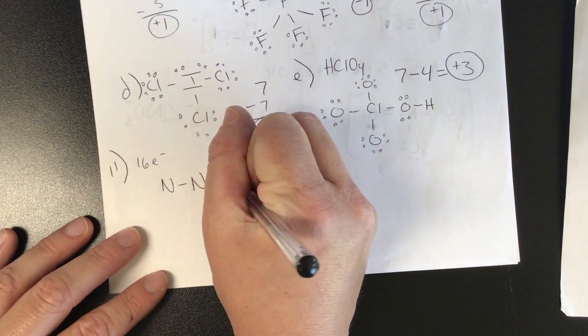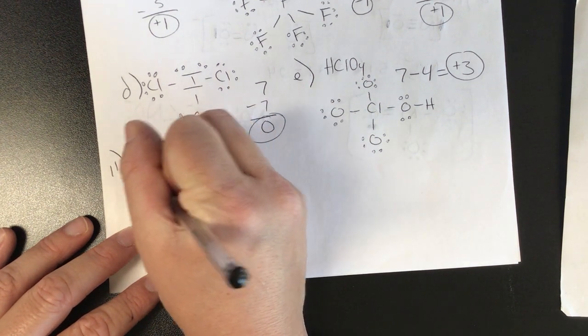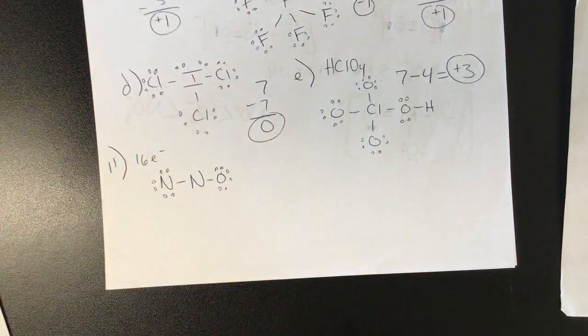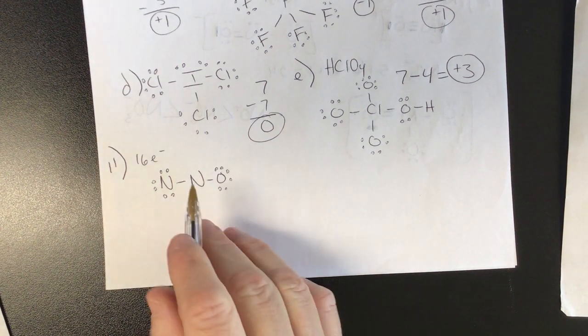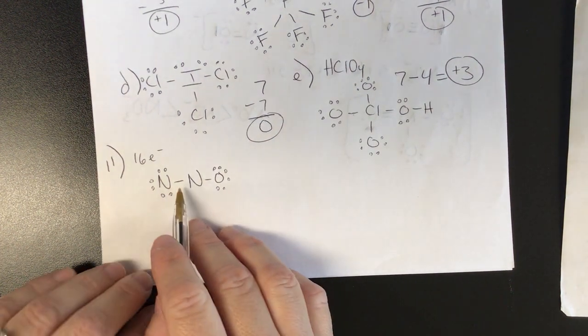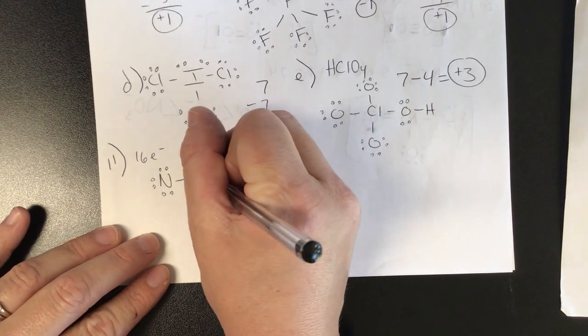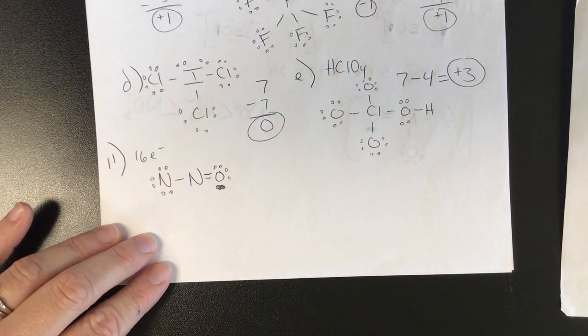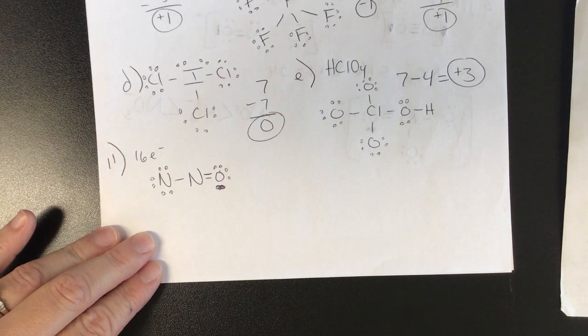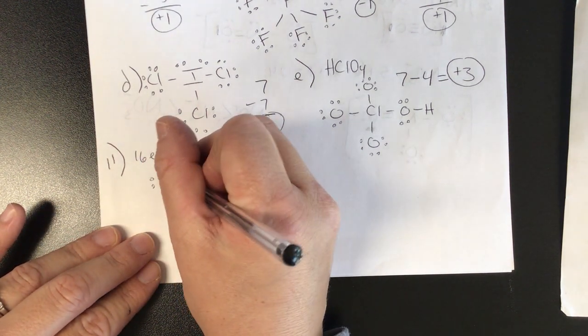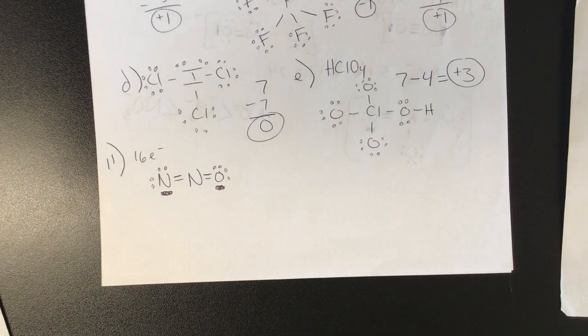So we're going to do all the valence on the outside here, and we're going to have to share electrons to get everybody to an octet. The central atom only has 4 electrons, so we can share here. Now it has 6, and then we can share again here.